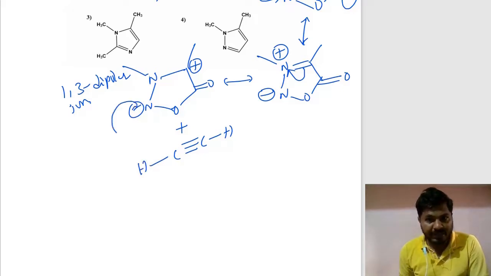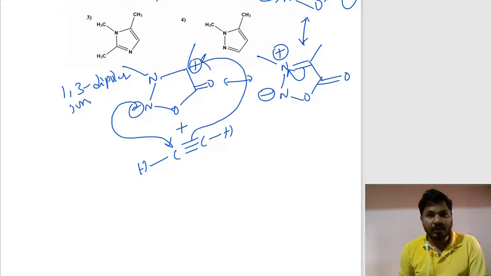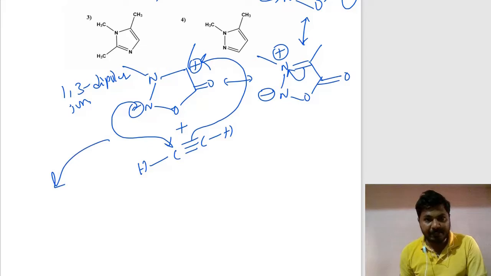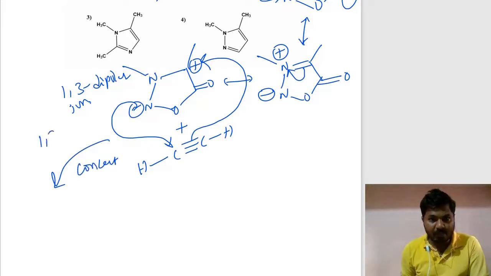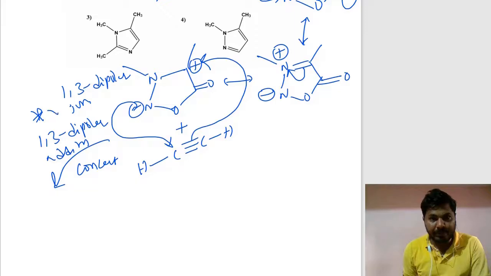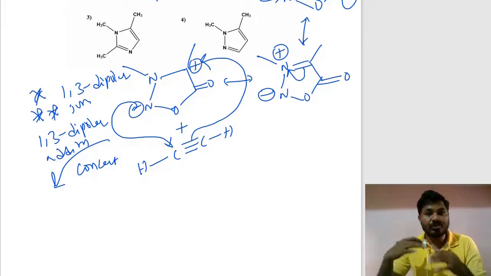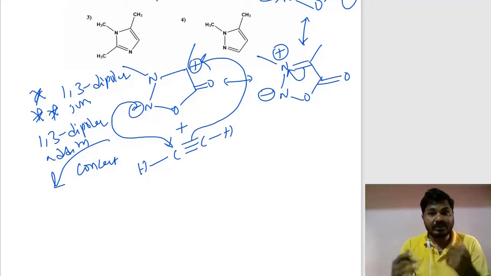Now the negative charge on nitrogen is going to attack this carbon of acetylene, and then the pi electrons of acetylene are going to attack the carbocation of the 1,3-dipolar structure. Simply, the reaction is taking place through a concerted mechanism, and we can say 1,3-dipolar addition, which is a very important concept nowadays. Okay, because the reactions are taking place through concerted mechanisms.